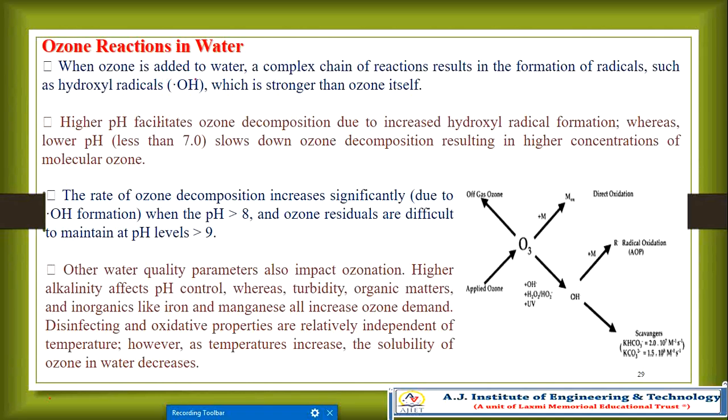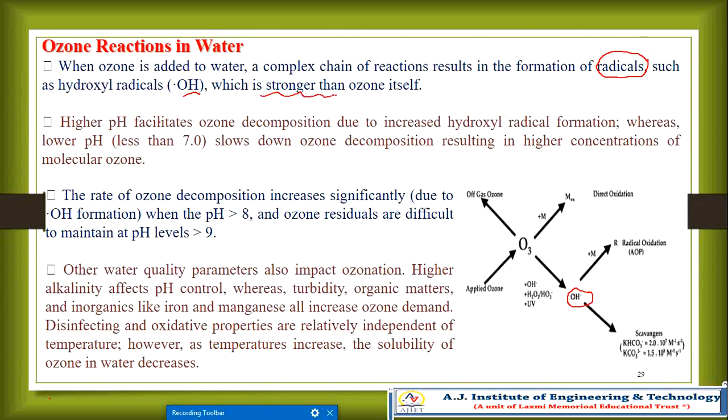When ozone is added to water, a complex chain reaction results in the formation of radicals. When the ozone, that is O3, is added to the water, the complex chain of reactions results in the formation of hydroxyl radicals, that is OH, which are stronger than the ozone itself.